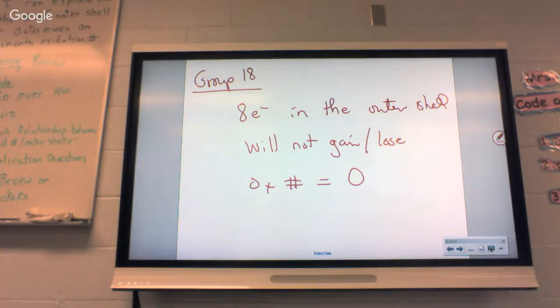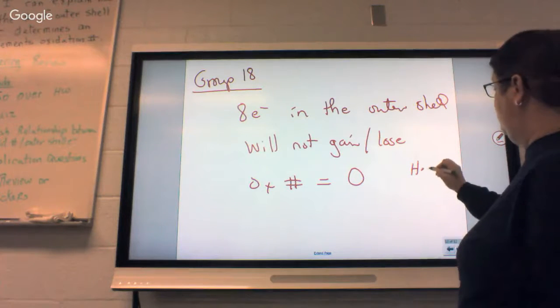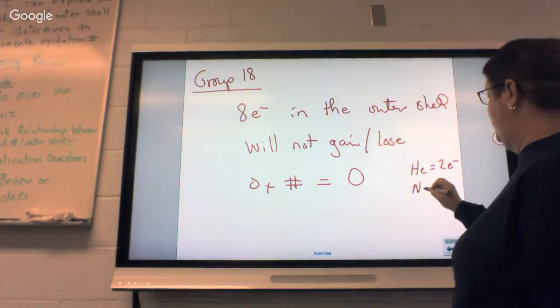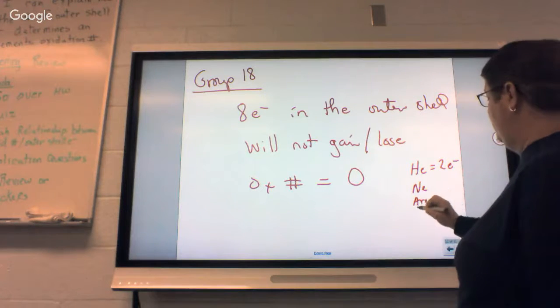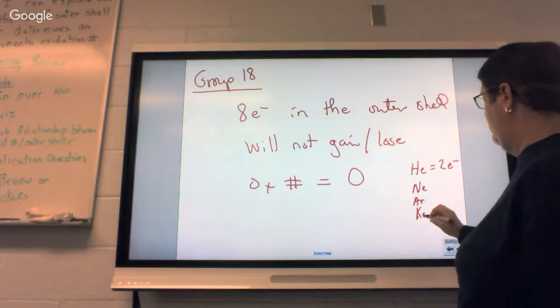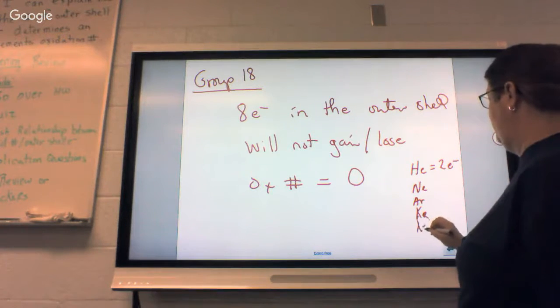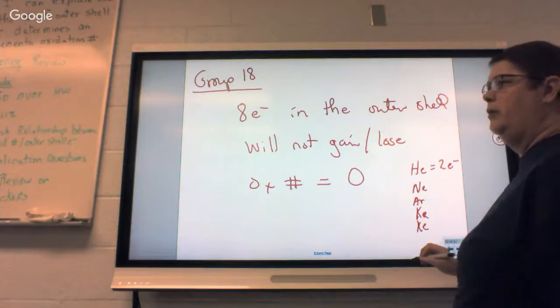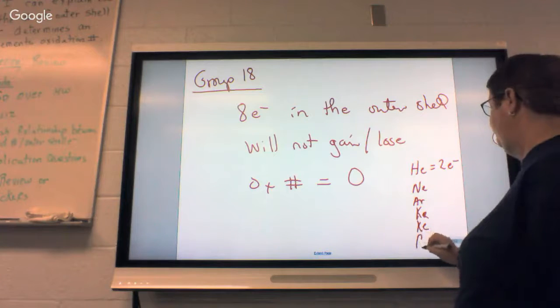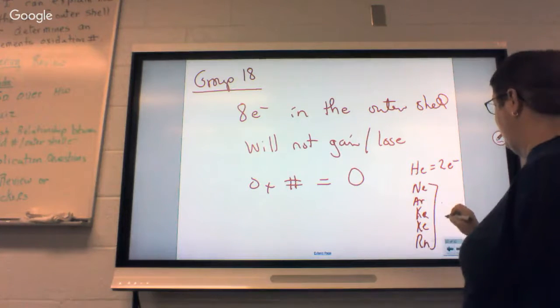The only thing that's different about helium is it does not have an octet, because helium only has 2 electrons. All the rest, neon, argon, krypton, xenon, radon, those all have 8 electrons.